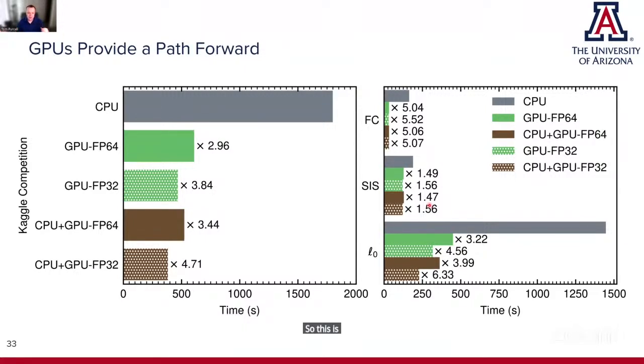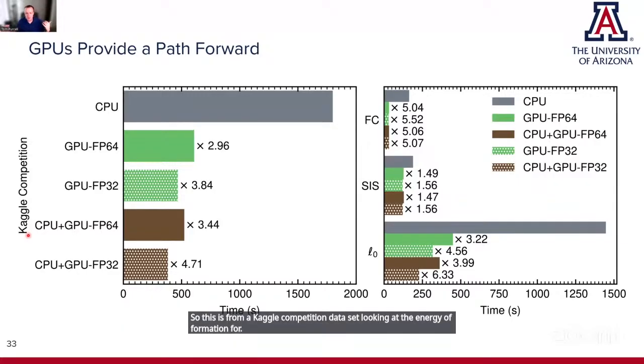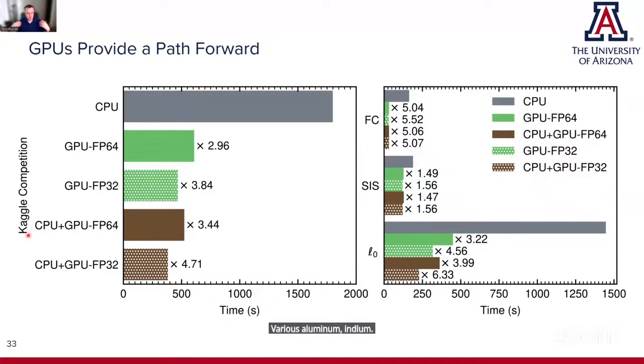This is from a Kaggle competition data set looking at the energy of formation for various aluminum, indium, gallium oxide materials. There are 2,400 data points in this data set, and we set an NSIS select size to be 50,000 in order to basically maximize the amount of non-numerical work and communication-related work we would have here in the SIS step.